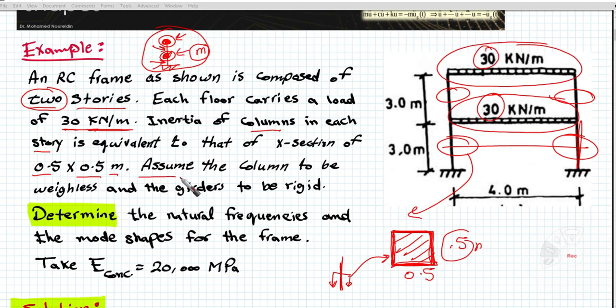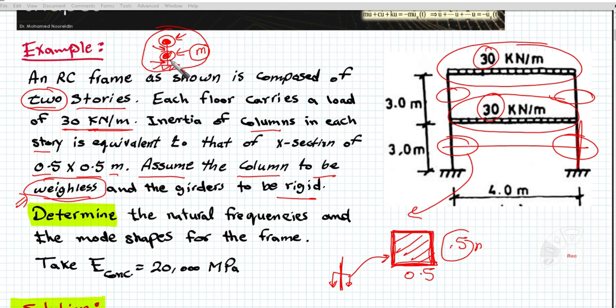After that, assume the columns to be weightless and the girders to be rigid. So number 1, columns are going to be weightless. This means that the columns are going to have no mass contribution to our system.